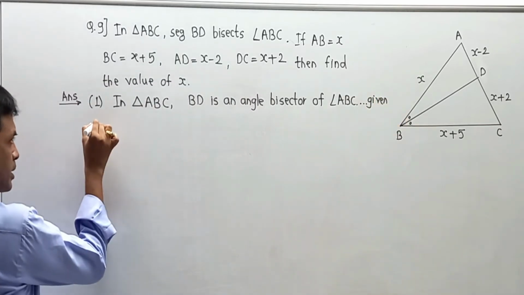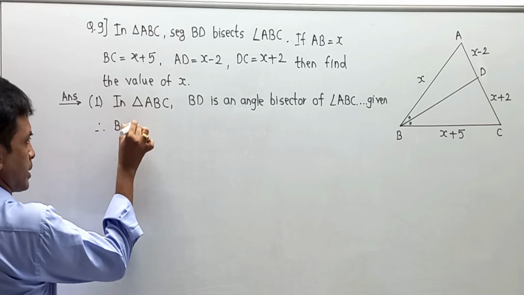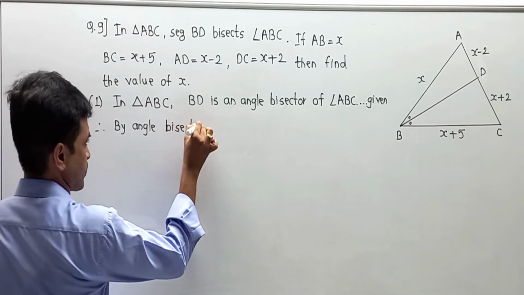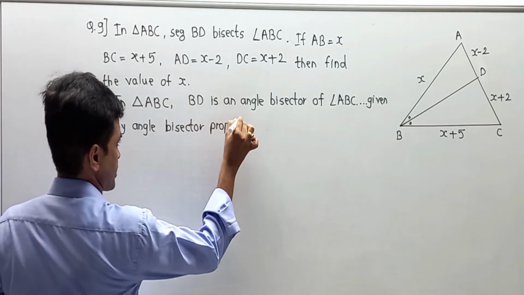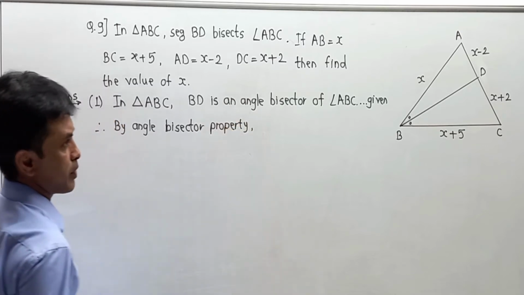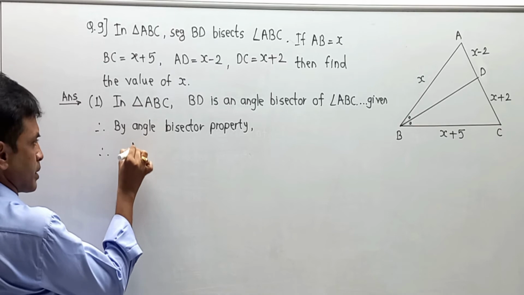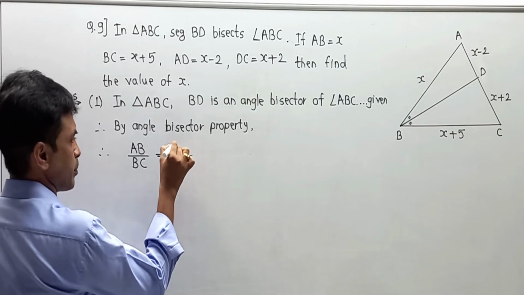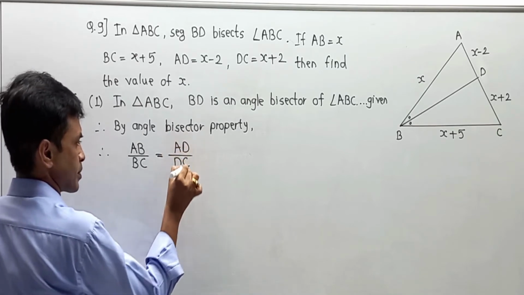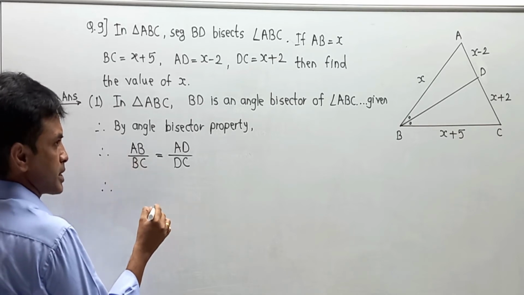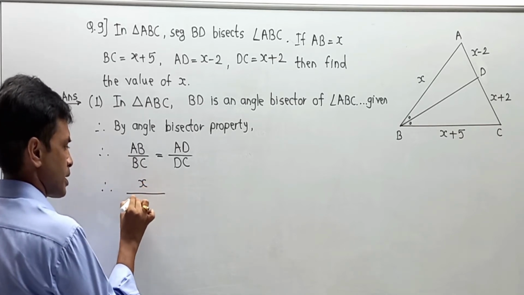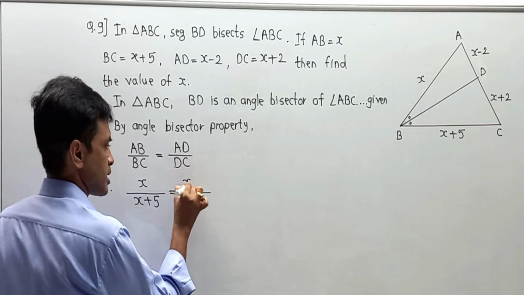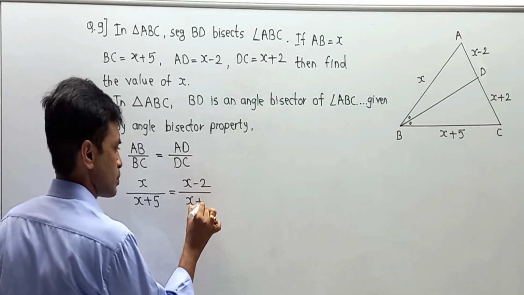Therefore, by angle bisector property, we have AB upon BC is equal to AD upon DC. AB upon BC, that is x upon x plus 5, is equal to AD upon DC, that is x minus 2 upon x plus 2.